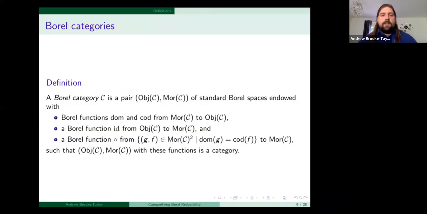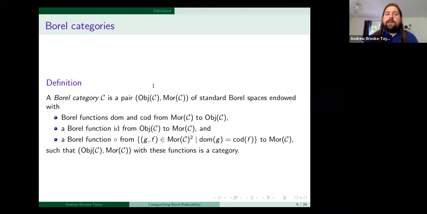So, okay, let's give a definition. So a Borel category, taking the place of the standard Borel space of objects, standard Borel space of invariants, we're going to have a Borel category of objects and a Borel category of invariants.